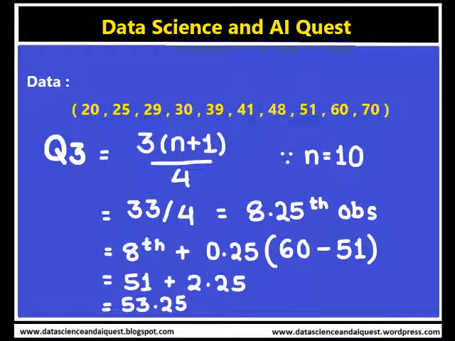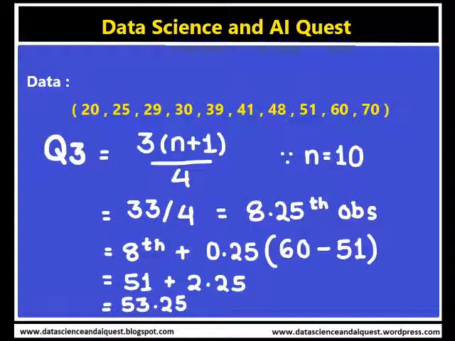Moving to the third quartile, Q3 can be calculated in the following way: 3 multiplied by (n plus 1) by 4.